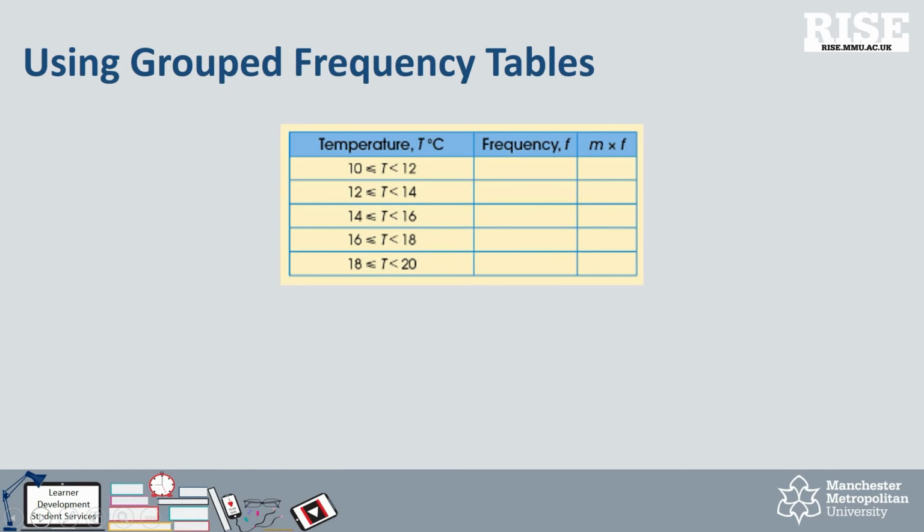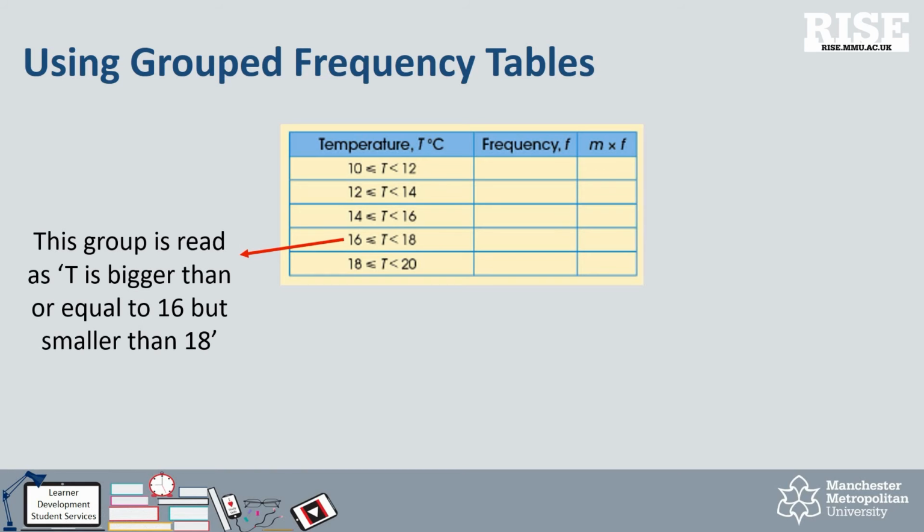Now sometimes data is grouped within a table. In this table, we have the temperature groups 10 to 12, 12 to 14, and so on, apart from some of them use different inequality symbols. This group is read that the temperature is bigger than or equal to 16, but smaller than 18.